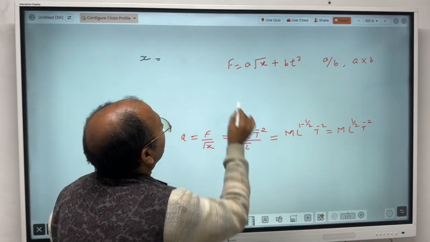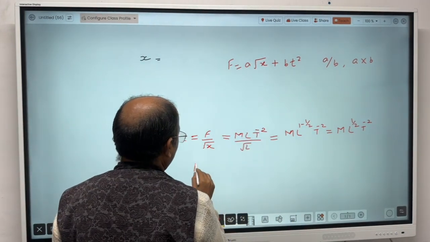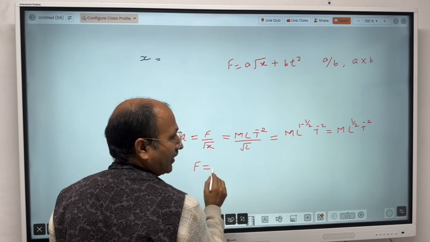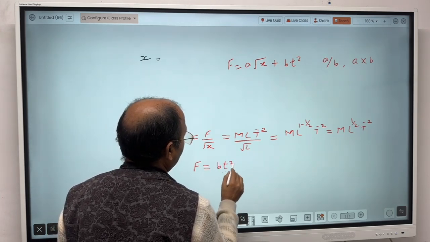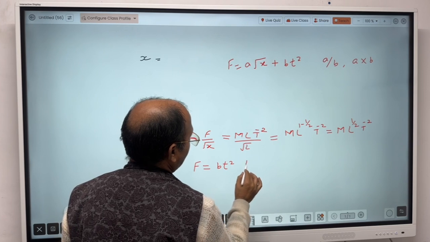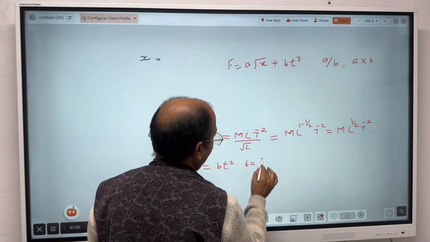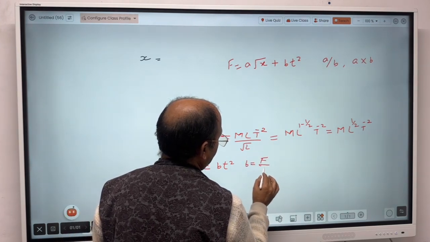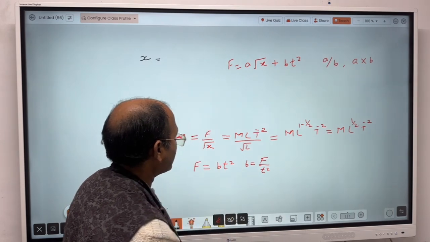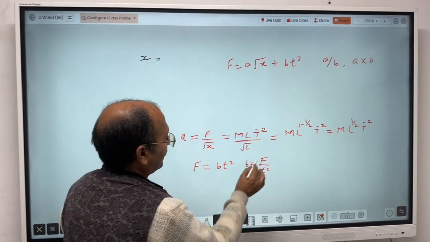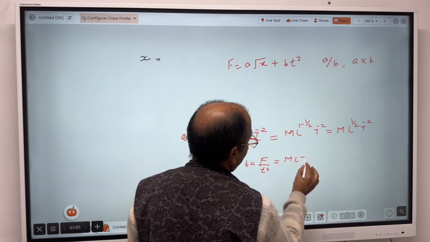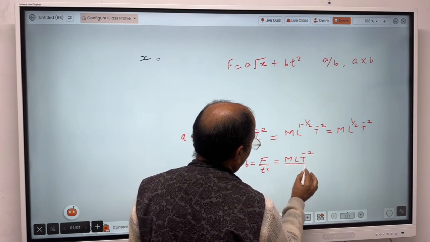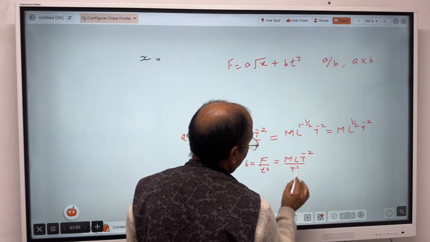Similarly, for the second term, dimension of F must be equal to dimension of B T square, so dimension of B can be found by dividing F by T square. We put the dimensions. So dimension of force is M L T power minus 2 divided by T square.